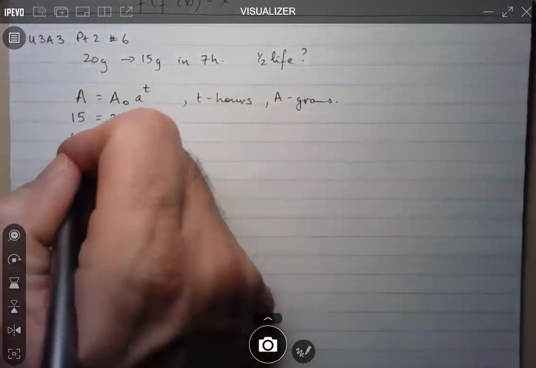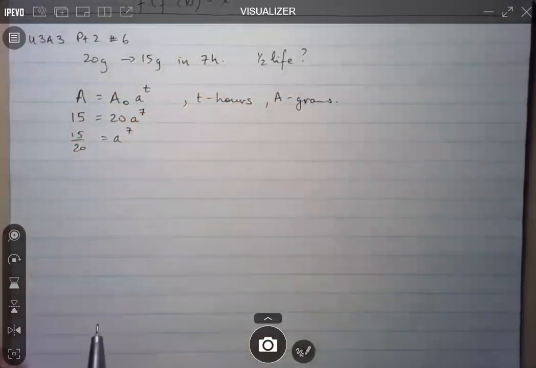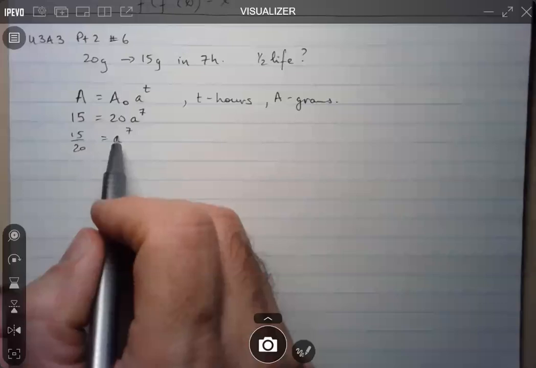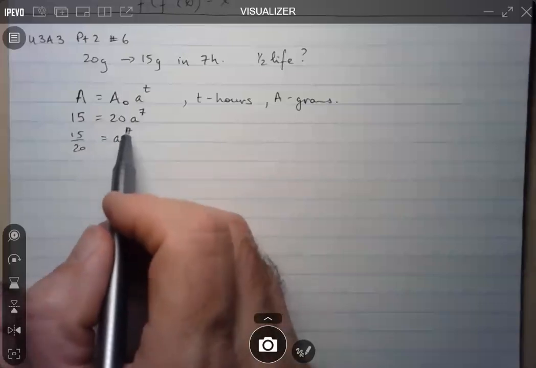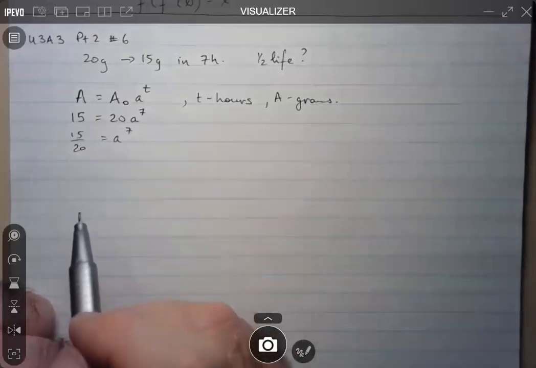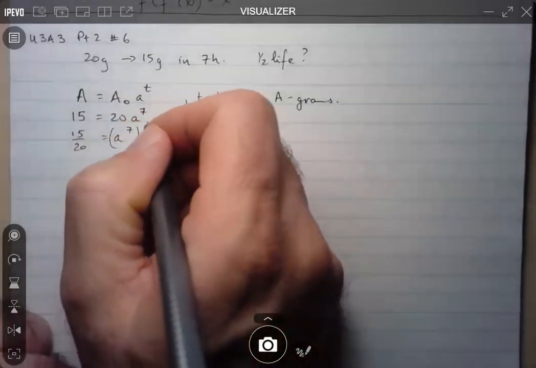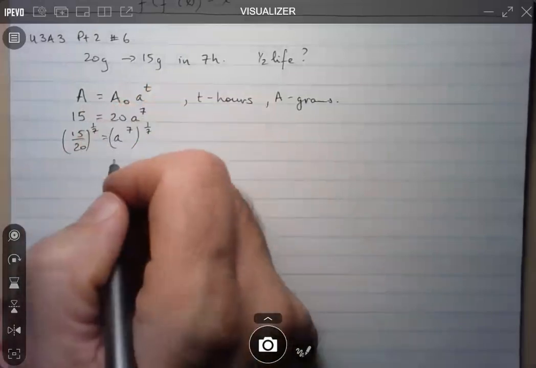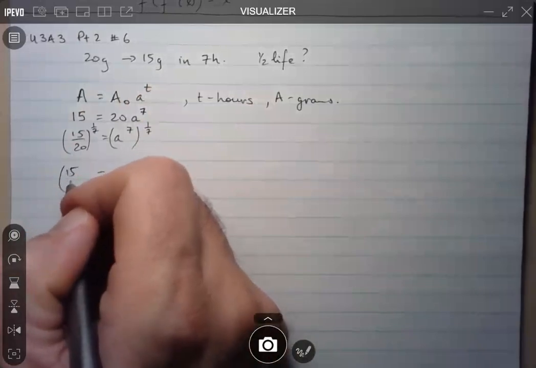So here I've got 15 over 20 equals a to the 7. And now, in order to isolate a, I just have to take the opposite operation of exponent 7, which would be the 7th root. It's like taking the power of 1 over 7 on both sides. So a is just the 7th root of 15 over 20.